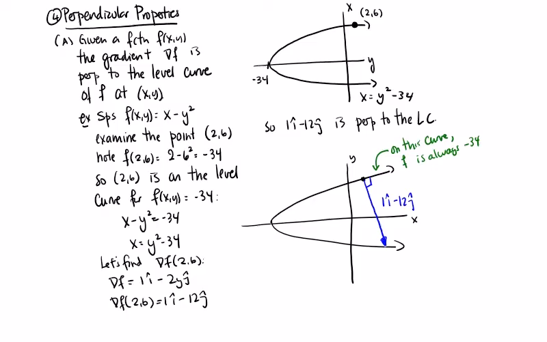So for example, at the point 2, 6, f is negative 34. f is negative 34 everywhere. So the idea behind the gradient is, if you don't want f to change, stay on the level curve. If you want f to change, get off the level curve as quickly as possible, which essentially means going perpendicular to it. So that's what this blue arrow is saying. It's saying, hey, I'm perpendicular to the curve. If you follow me, you'll have the biggest possible change. That's what's going on here.